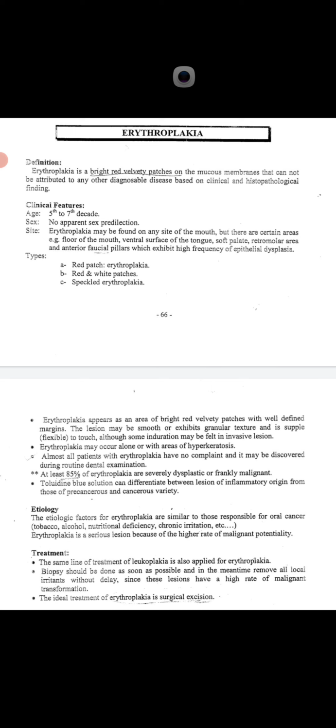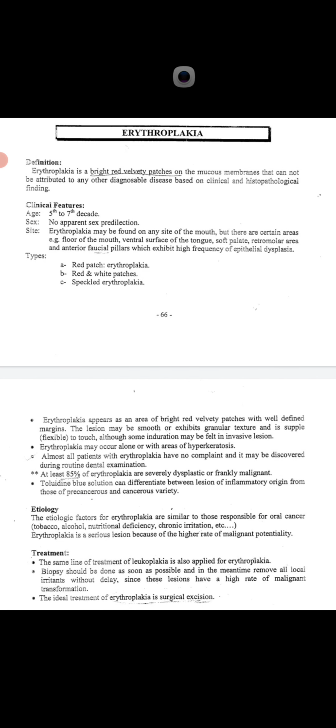Erythroplakia is a bright red velvety patch, like velvet, on the mucous membrane that cannot be attributed to any other diagnosable disease. It cannot mimic or show similarities with other diagnosable diseases based on clinical and histopathological findings. This is the definition of erythroplakia.